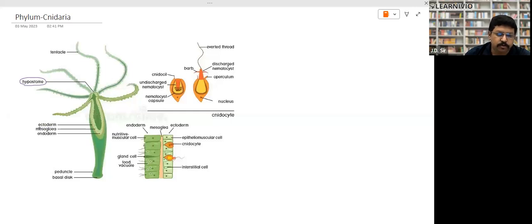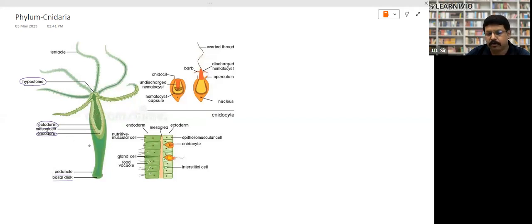This is ectoderm, mesoglea, and endoderm, right? Fine. So there is a peduncle and a basal disc, right? The basal disc holds it somewhere. This part is called the peduncle, right?